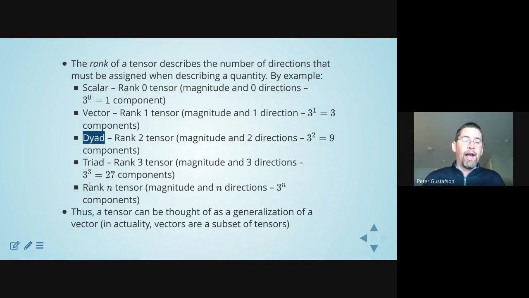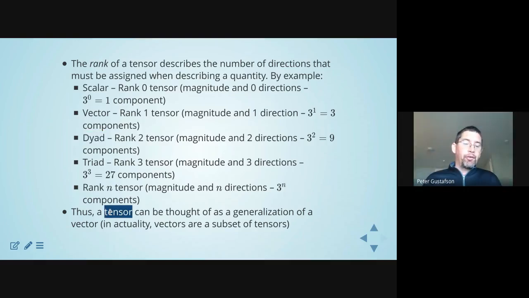This can be generalized to saying a rank n tensor, which is a magnitude in n directions. And so that's 3 to the n components. Turns out in structural mechanics and fluid mechanics, we're going to actually encounter rank 4 tensors quite frequently. So 3 to the power 4 would be 81 components. And we'll see that in this class.